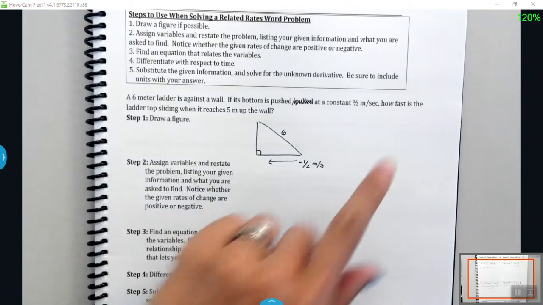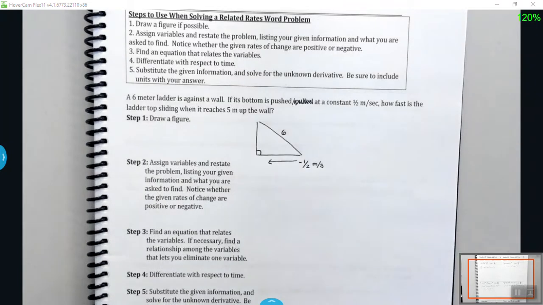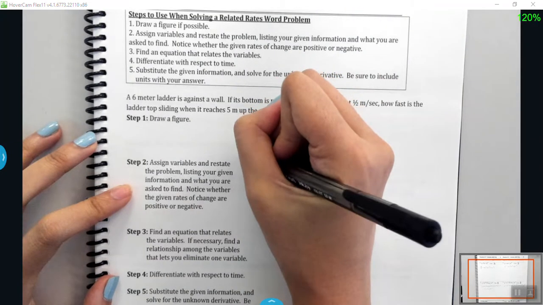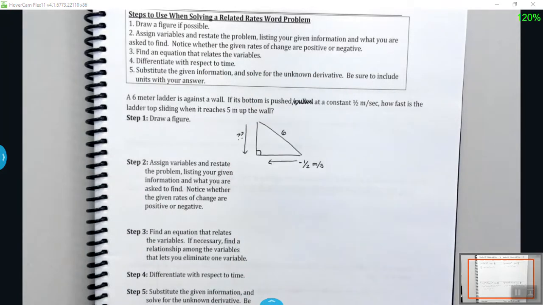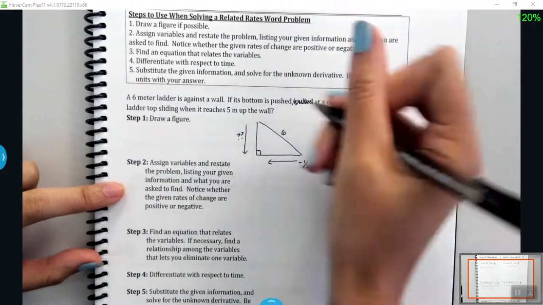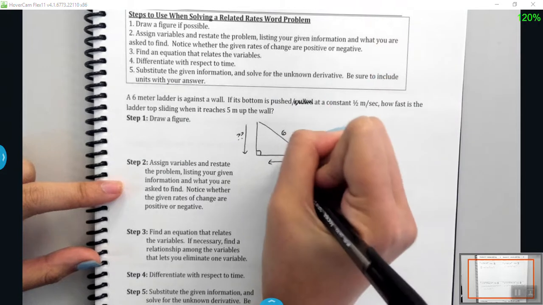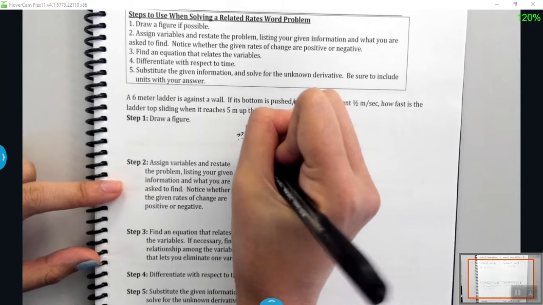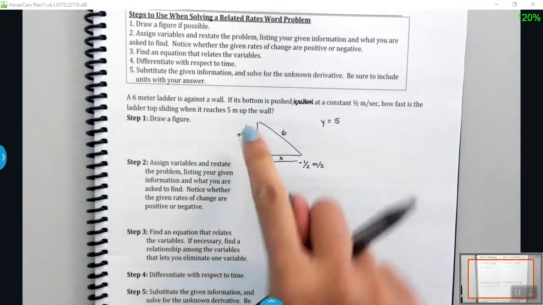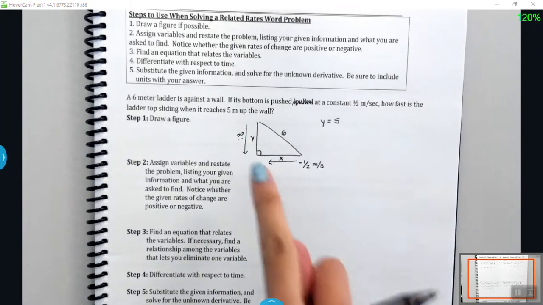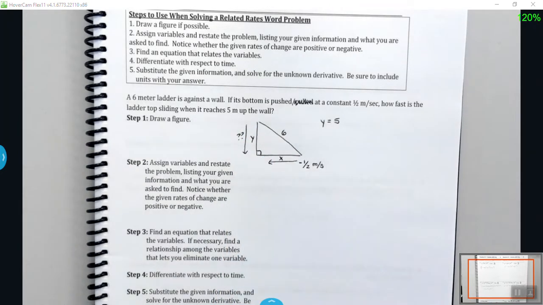Okay. How fast is the ladder top sliding? So we want the rate of this. Okay, when it reaches 5 meters up the wall, so let's say this is x and this is y, when y equals 5. But the y is moving and the x is moving, so we don't want to put that in our equation because those are both moving.